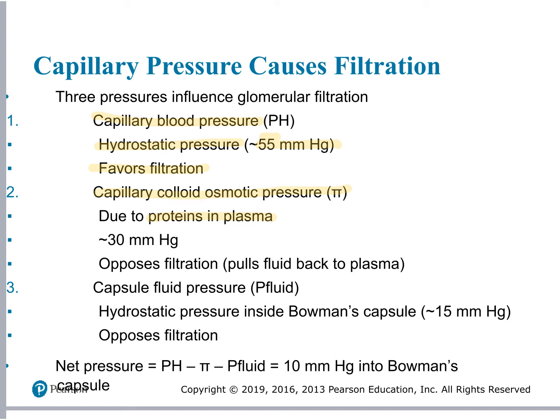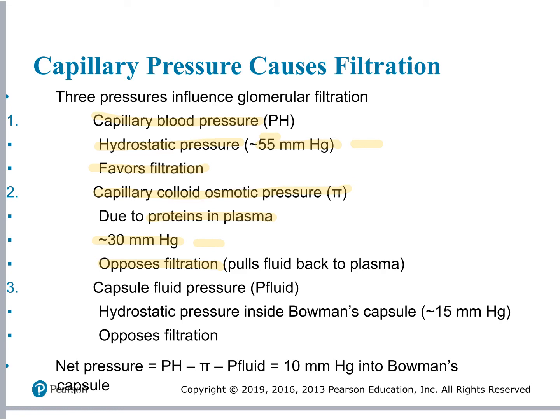The albumin is pulling fluid back into the cardiovascular system. So that pressure is about 30 millimeters of mercury. Again, we have 55 millimeters of mercury forcing fluid out, and 30 millimeters of mercury of pressure bringing fluid back in. So this opposes filtration because it's pulling fluid back into the glomerulus.